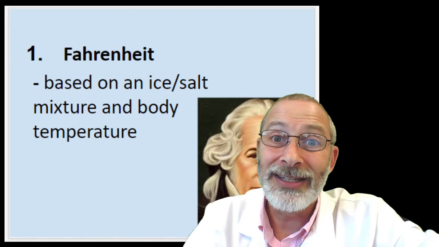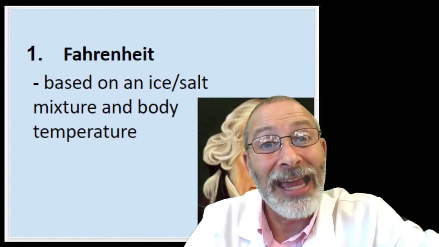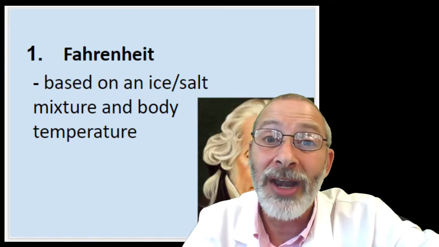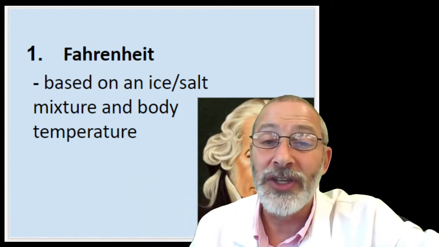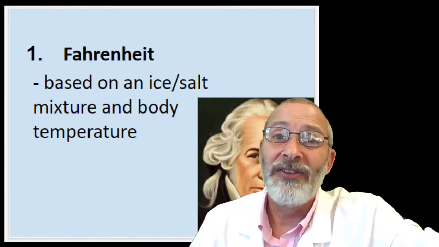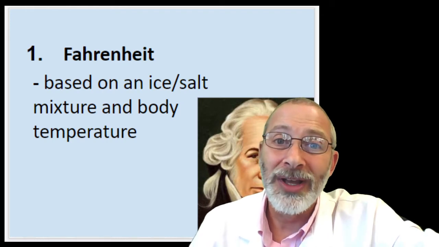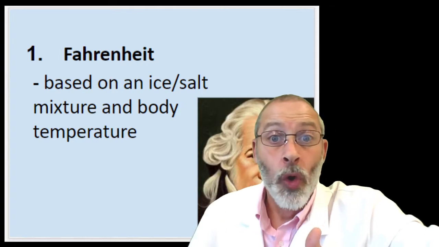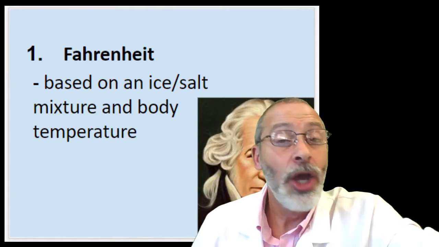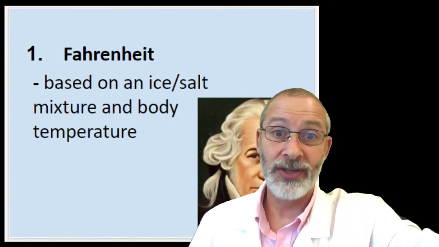That's why body temperature today is 98.6 degrees Fahrenheit. It's because we know after lots of experimentation that Fahrenheit's thermometer wasn't exactly accurate. If it was, normal human body temperature today would be 100 degrees Fahrenheit.